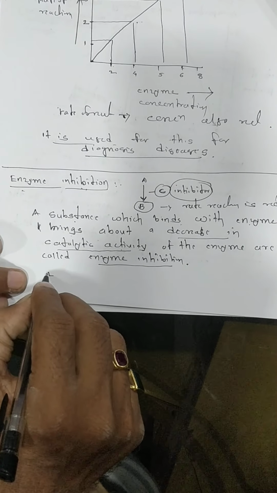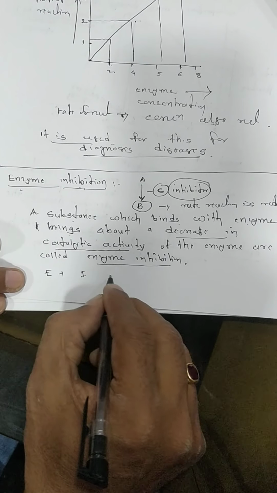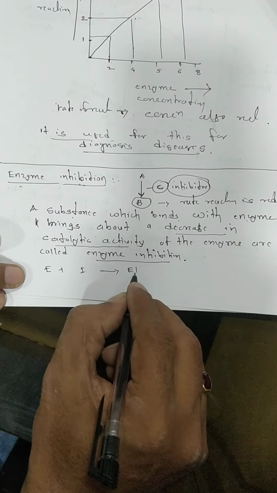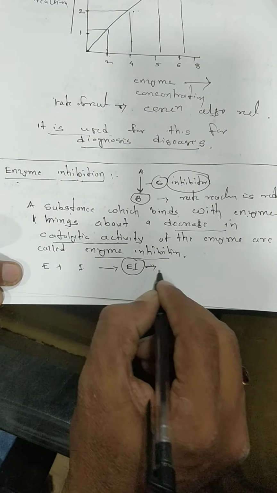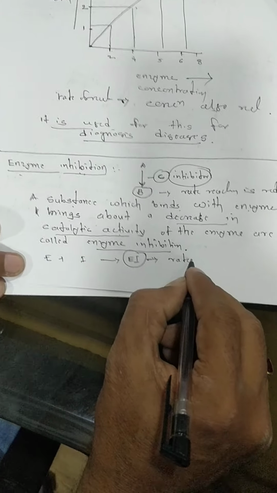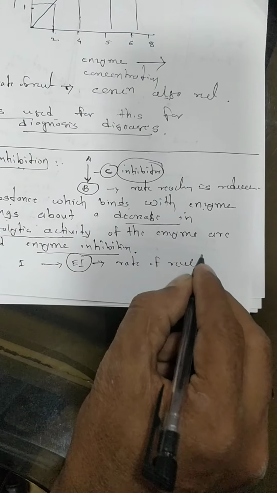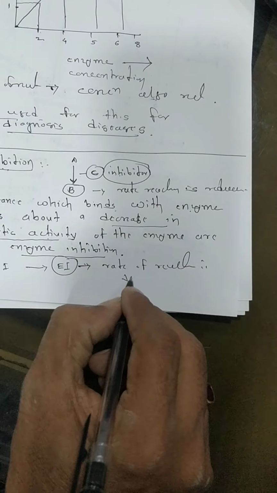For example, enzyme plus inhibitor gives an enzyme-inhibitor complex, and then the rate of reaction is decreased.